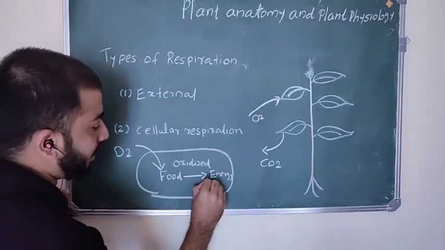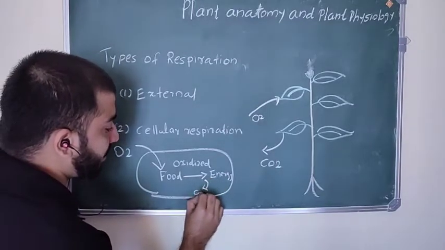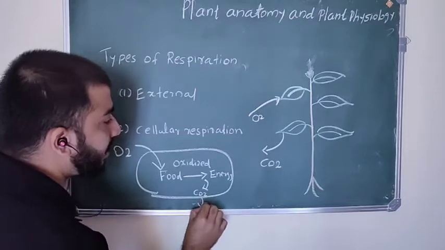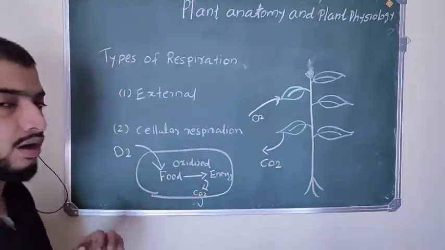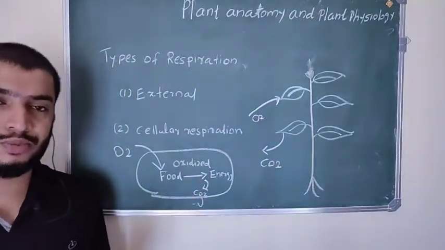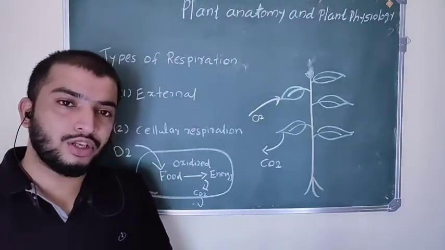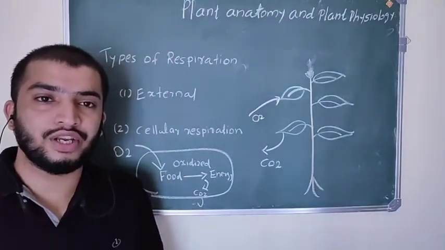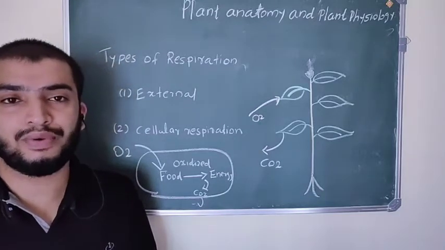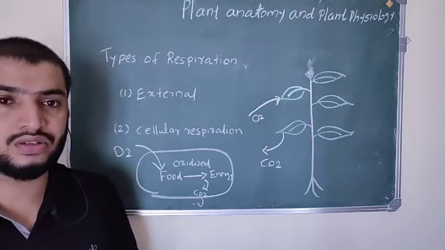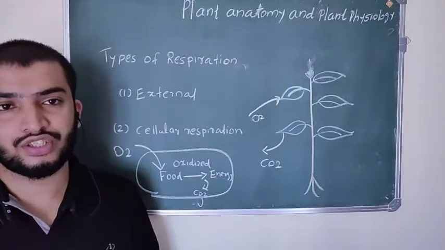As a result of this cellular respiration, carbon dioxide is released and comes outside. So what is cellular respiration? It is a biochemical process by which inside the cells food is oxidized to obtain energy.